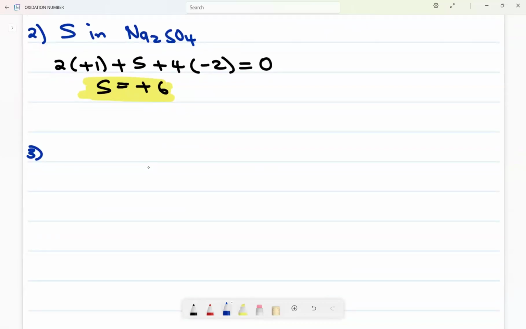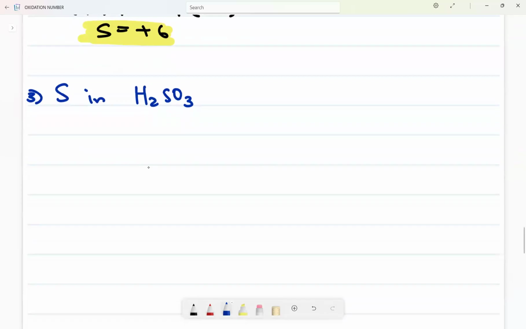Let me consider sulfur again in a different compound now, in H2SO3. Hydrogen sulfide. So it's going to be hydrogen.